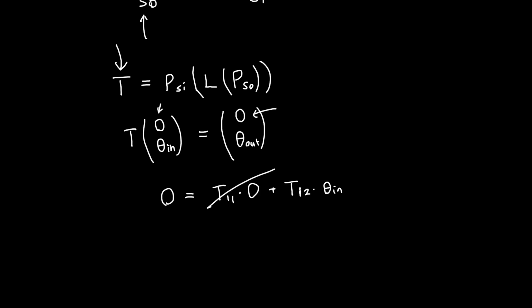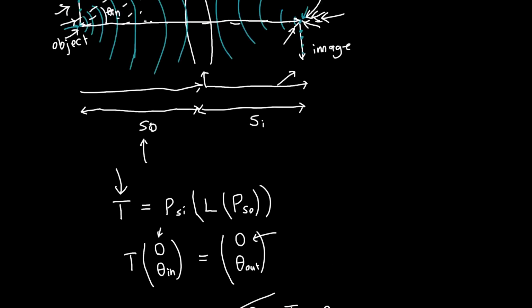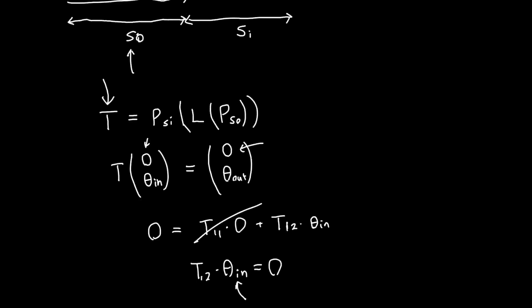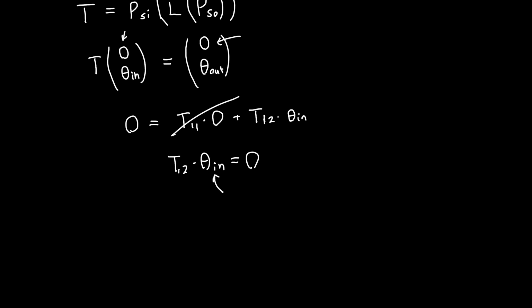Well, clearly the first term is 0, so we just have t12 times theta in is equal to 0. And is this true? Well, theta in can be anything, right? It could be this middle ray, it could be some ray up here. Theta in can take any arbitrary value. And so this isn't going to be true in general unless t12 is equal to 0.